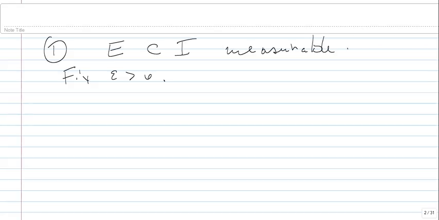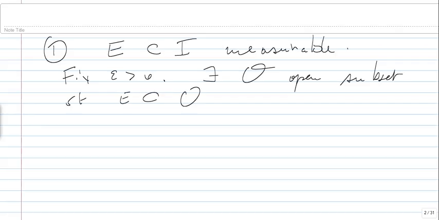So first, what we are going to do is measure phi, of course. Here we're going to use the fact that, from the theory of measurable sets, for this epsilon there exists an open subset O such that E is in O and the measure of O minus E is less than epsilon.